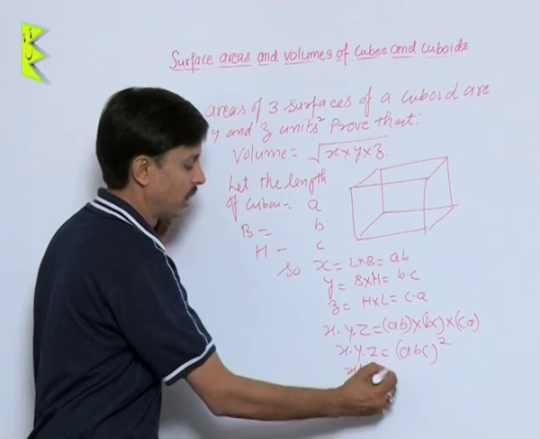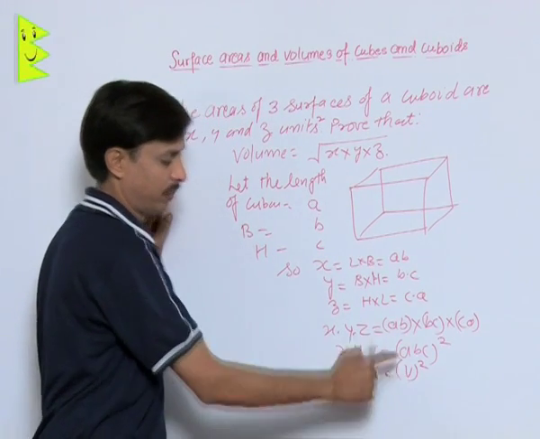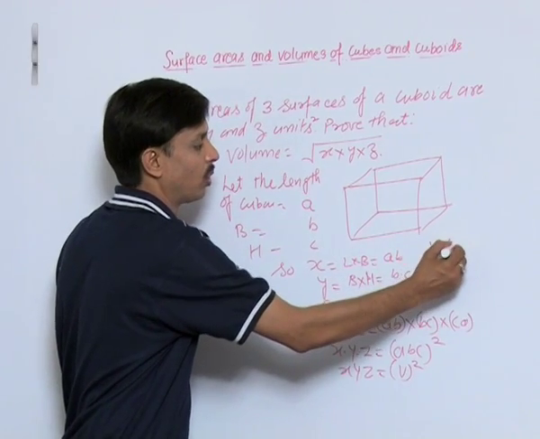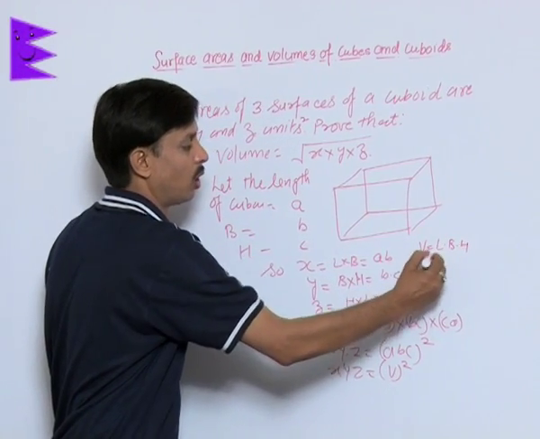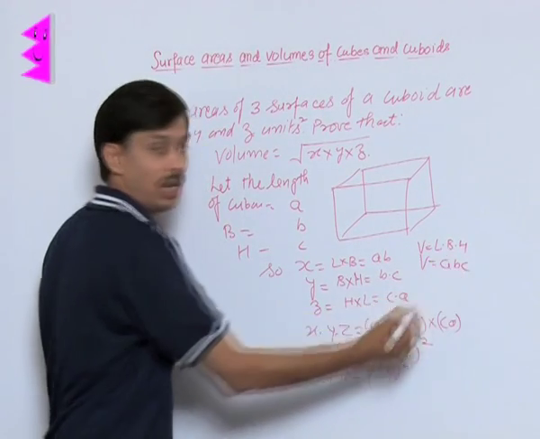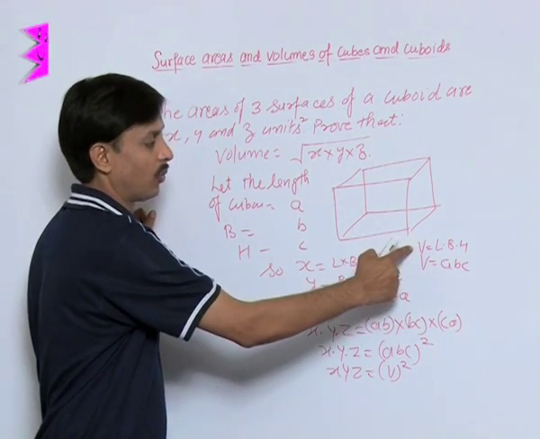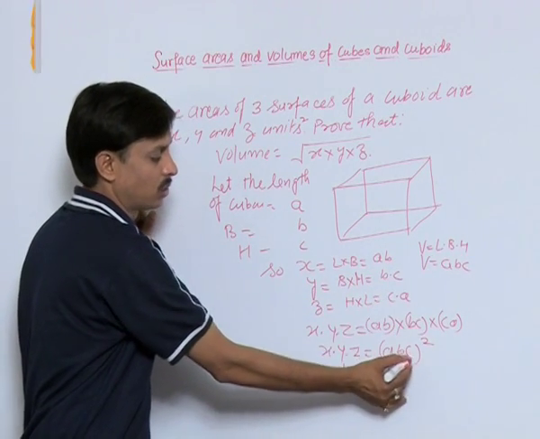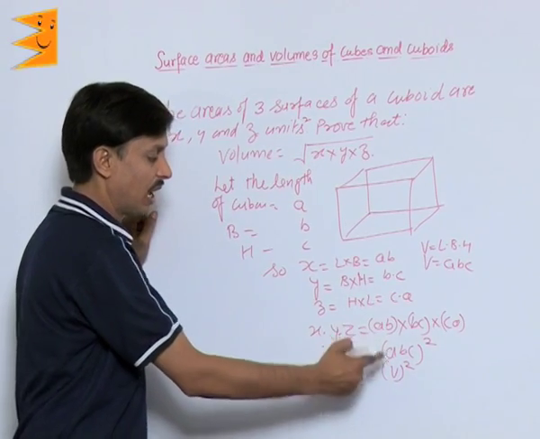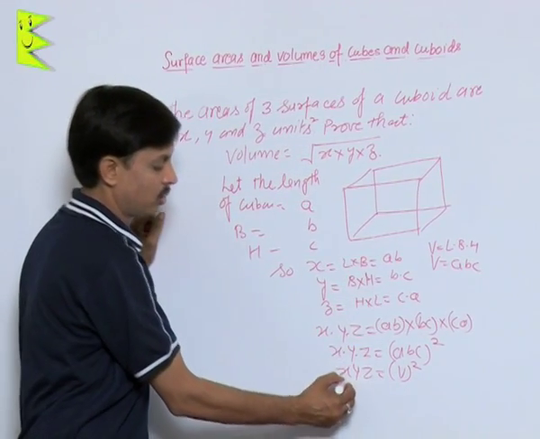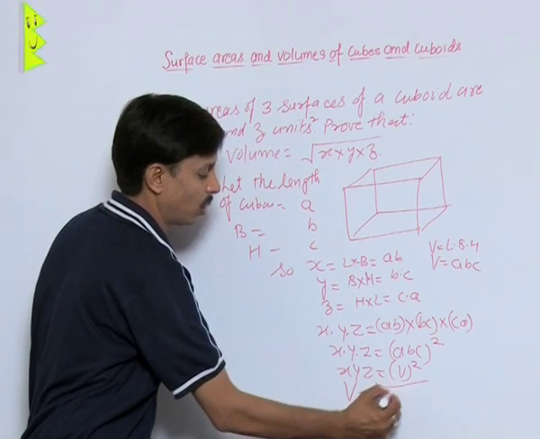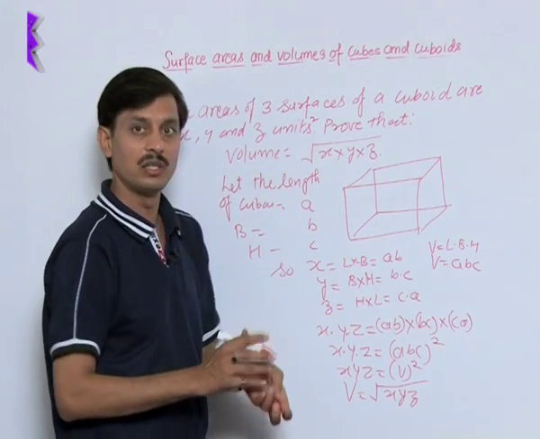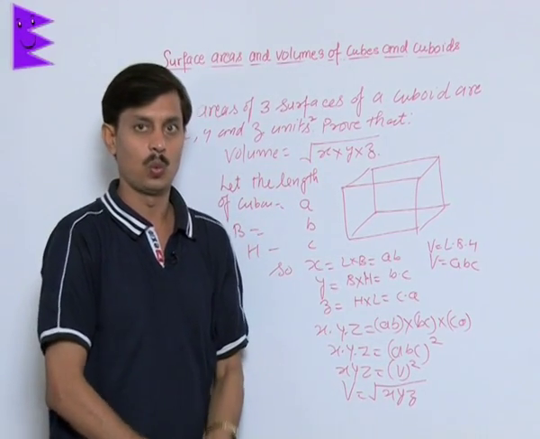So x, y, z becomes volume whole square, because length into breadth into height is volume. You know that volume is equal to LBH, so volume becomes ABC. Here in place of ABC I have replaced volume. As volume square is xyz, you can say volume is equal to root of xyz. This is the required result that we needed to show.